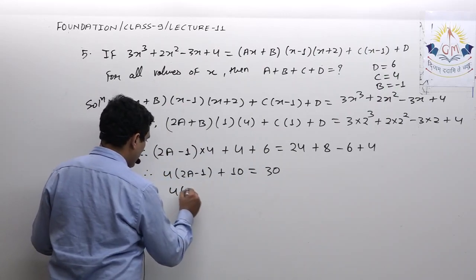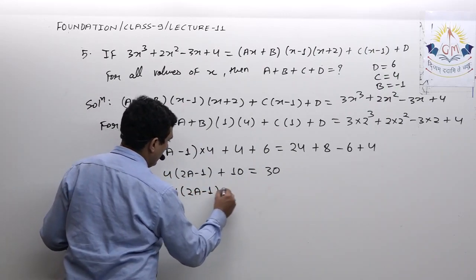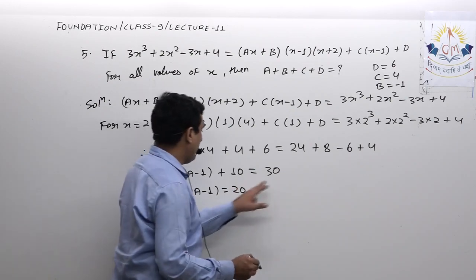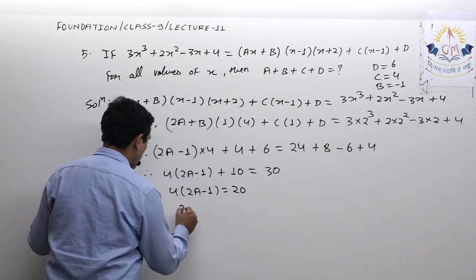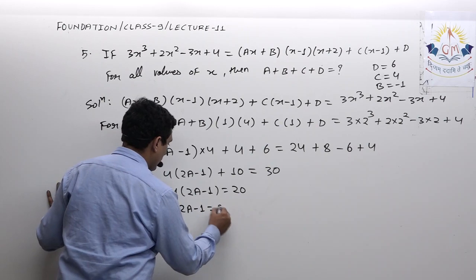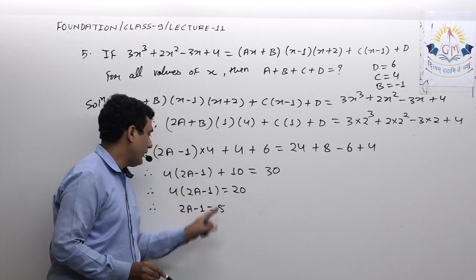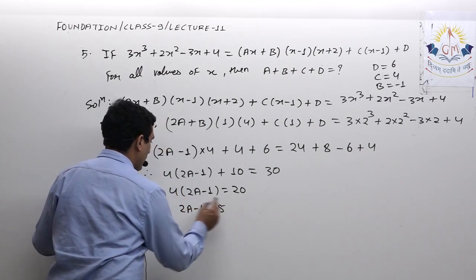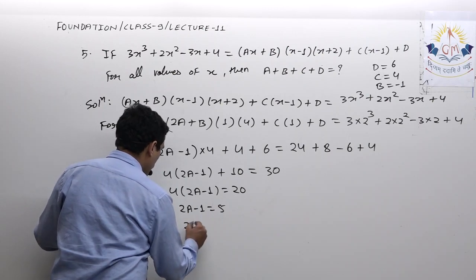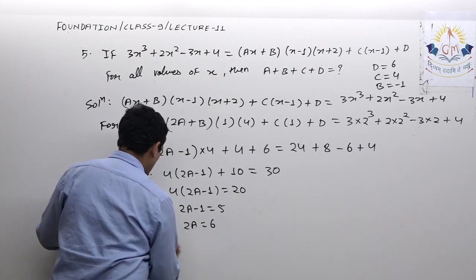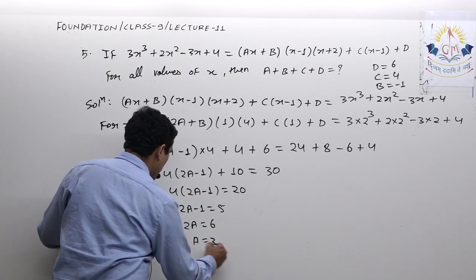Therefore 4 into 2a minus 1 is equal to 20. 30 minus 10, 20. Therefore 2a minus 1 is equal to 5. 4 5 are 20, so 2a minus 1 equal to 5. Therefore 2a is equal to 6. So ultimately a is equal to 3.